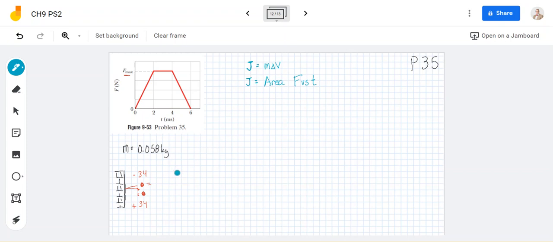So let's get the J down here first. If I go to calculate the impulse, mass times the change in velocity, which is mass times V final minus V initial. So 0.058 times 34 minus, the initial was negative 34.